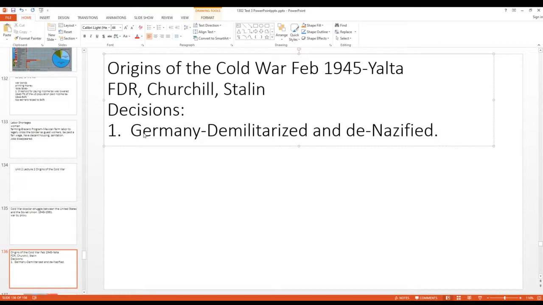And this will be done literally by taking Germans to the concentration camps and showing them what the Nazis did. And if you live too far to go to a concentration camp, you'll be going to a movie theater and watching film footage that was shot in the concentration camps as they were liberated.